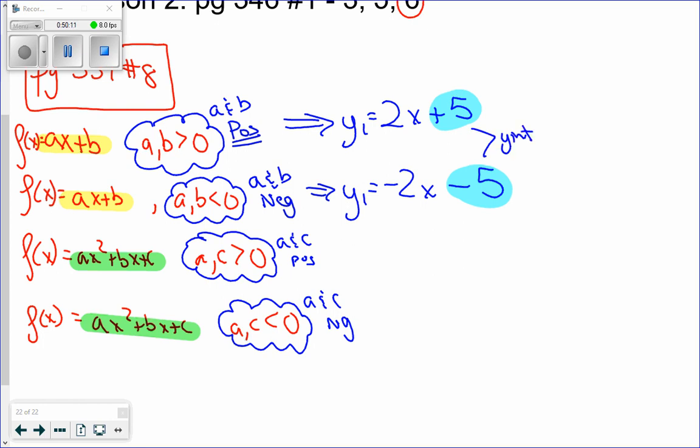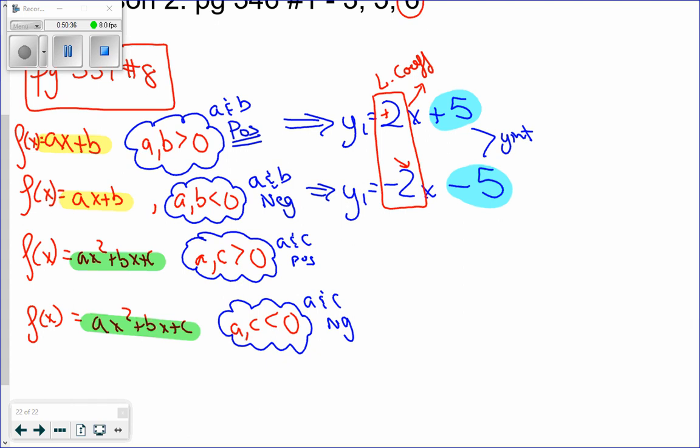This is the leading coefficient. So this is positive 2, so the graph has to go like that. This one's negative 2, so the graph has to go like that. So if you didn't want to use your calculator, could you use the patterns to match it up? Yes. The point is that you have to know what the notation means.